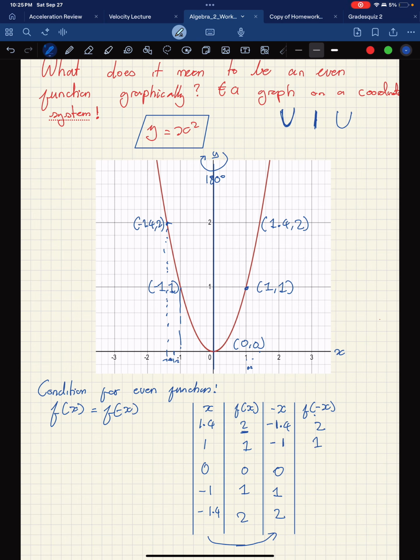If I go to 0, it's still 0. If I go to 1 again, +1, I get 1.